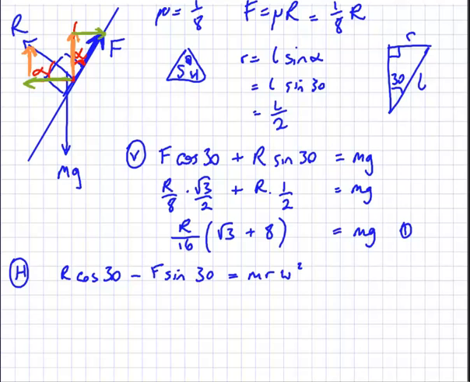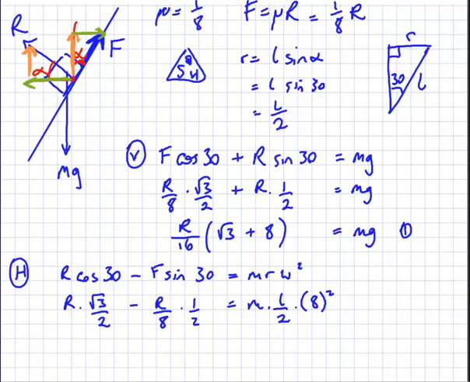If we now substitute in everything we have: a number for cos 30, our expression for the friction, a ratio for sine 30. We don't know what m is, we know the radius is length divided by 2, and we've been told the angular velocity is 8 rads per second.